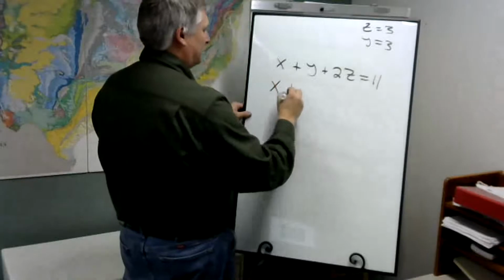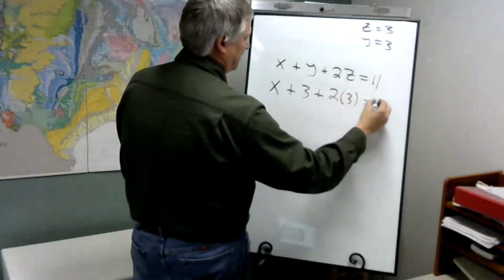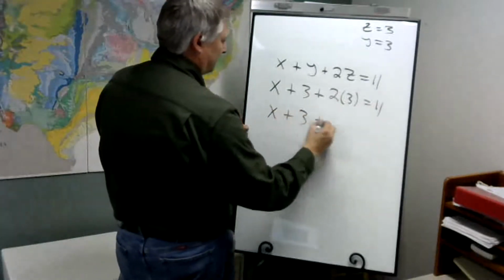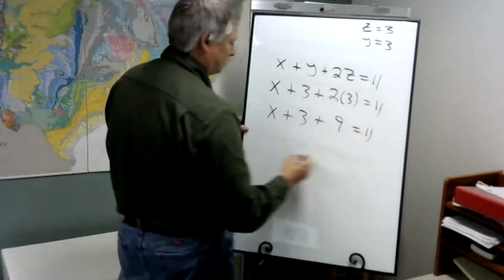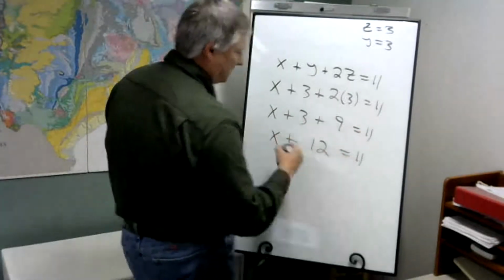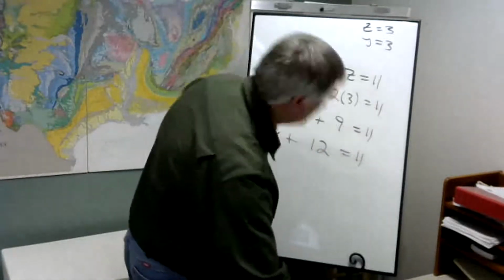Or x plus 3 plus 2 times 3 is 11. X plus 3 plus 9, or x plus 12 is 11. Subtract 12 from both sides.